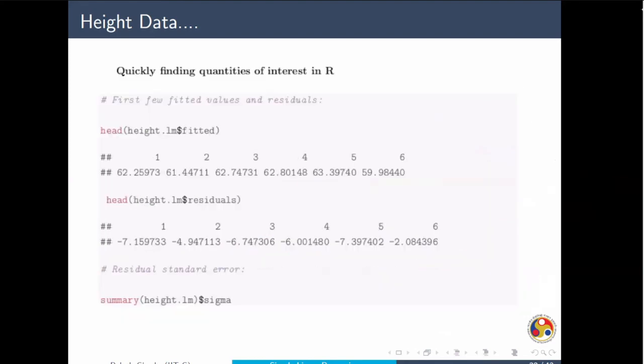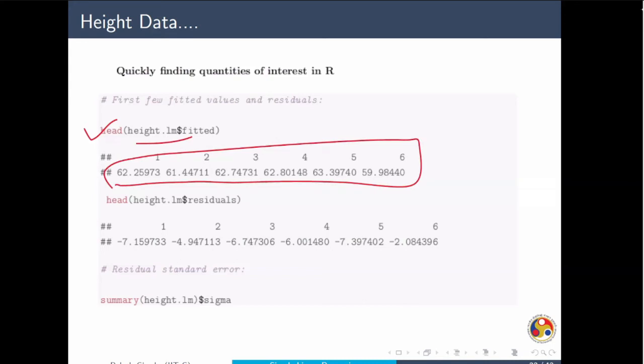There are a few quick things. If you put the head of the fitted line, these are the fitted observations. I'm just printing 6 of them, but you can print all of them. If you just remove this head and write this one, it will print all the n observations, or 1375 observations here. Similarly, head of residuals, you can get similar things.